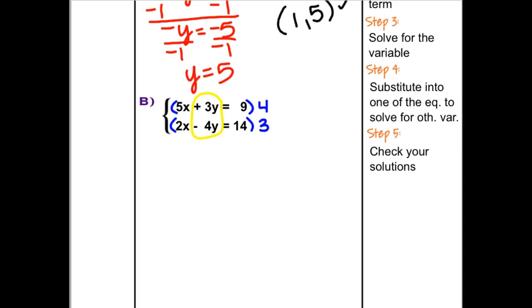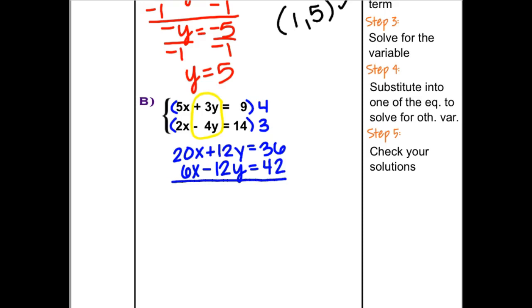That means my new equations are 20x plus 12y equal to 36. And the bottom one is 6x minus 12y equal to 14 times 3. 3 times 10 is 30. 4 times 3 is 12, so this would be 42. So now I can go ahead and add those 2 equations, and I get 26x.